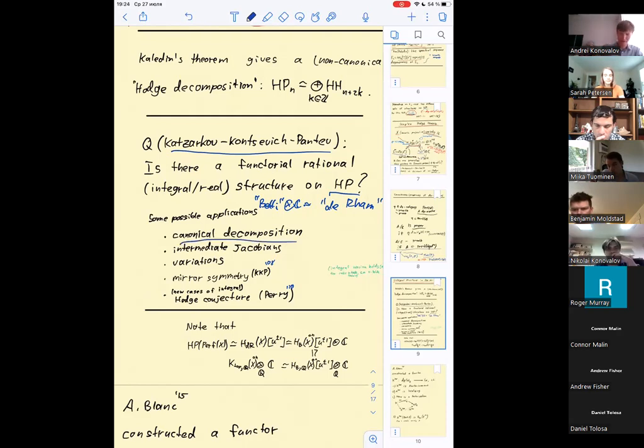One can also define some nice categories, nice structures from classical algebraic geometry, like intermediate Jacobians and stuff like this. And a partial answer to this question was already used to prove some new cases of the integral Hodge conjecture by Alex Perry.